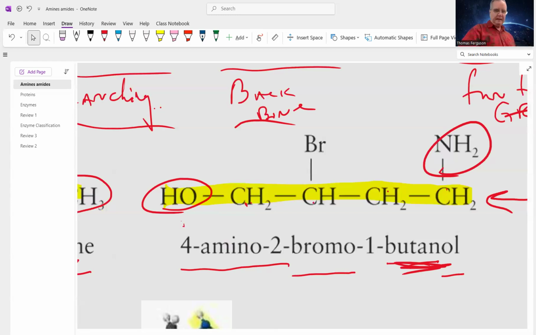This has got an alcohol and an amine on it. So you can take a whole course on naming. It can get real detailed. So which one takes priority? And in this case, the alcohol takes priority. So we're going to name it as a base alcohol with an amino branch on it.